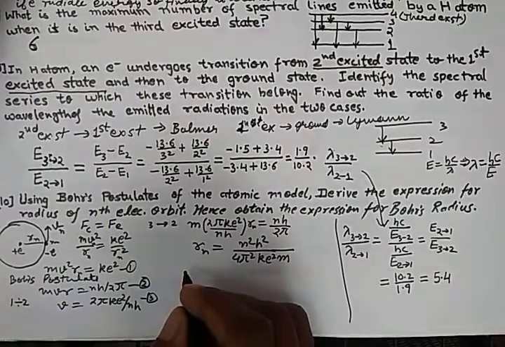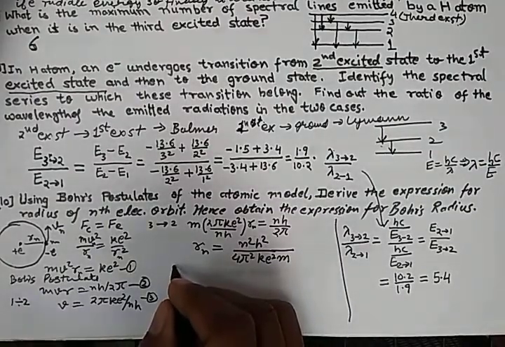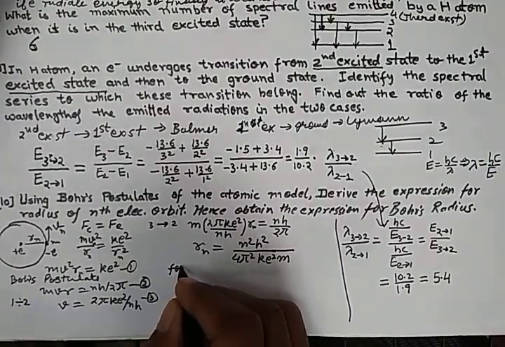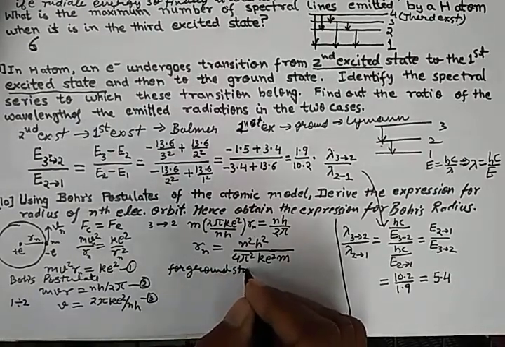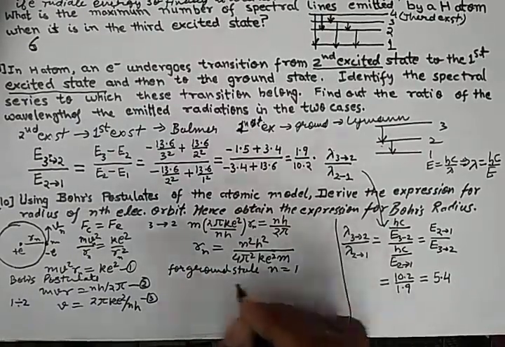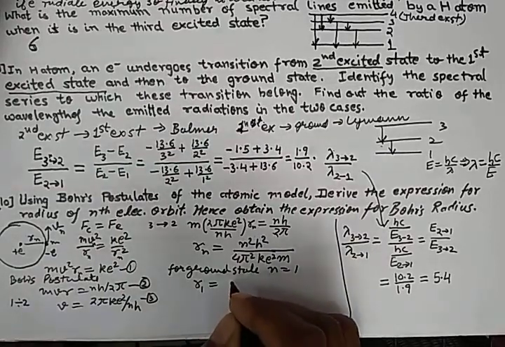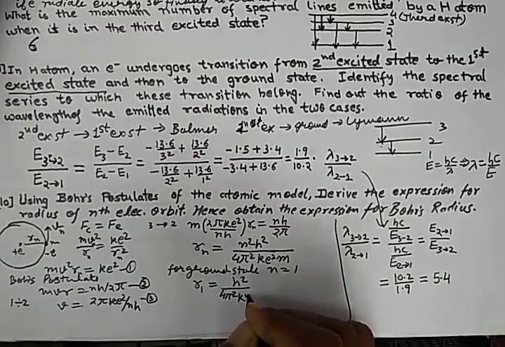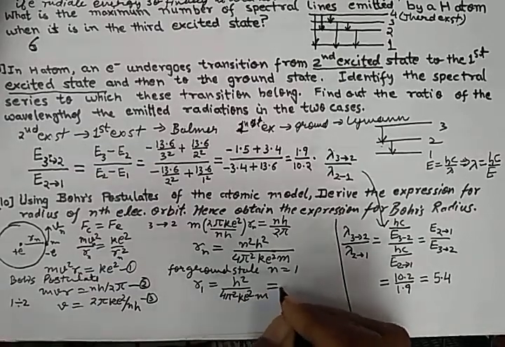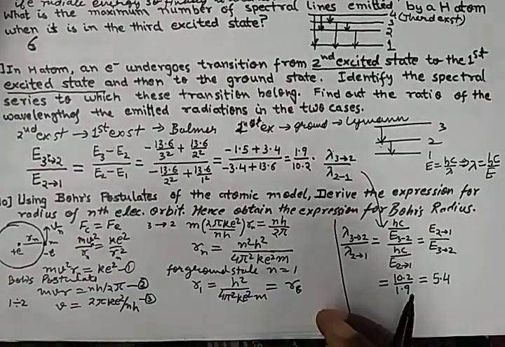And for ground state, n equal to 1, so r_1 equal to h square upon 4 pi square k e square m, which is called Bohr radius. That's all.